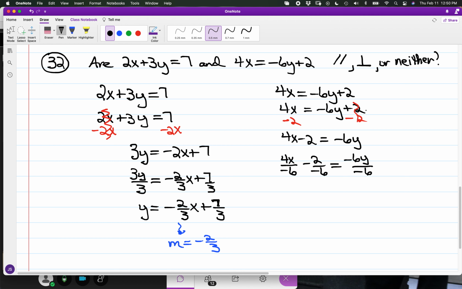So you have 4 over negative 6, which comes out to negative 2/3 times x. Now I have negative 2 over negative 6, which is a positive 1/3. Negative 6y over negative 6 comes out to y. Just rearranging, we have y is equal to negative 2/3 of x plus 1/3.